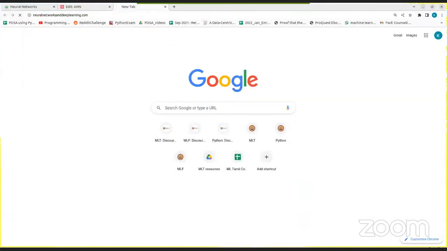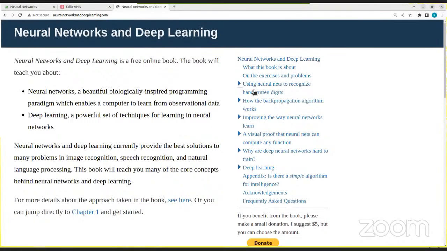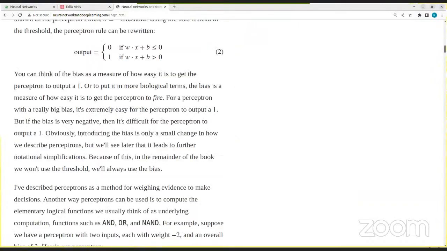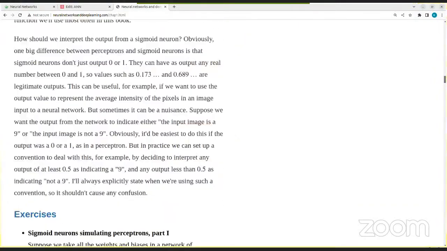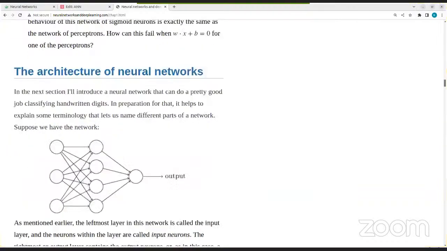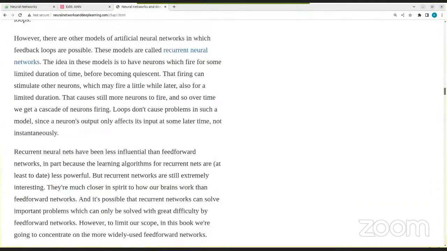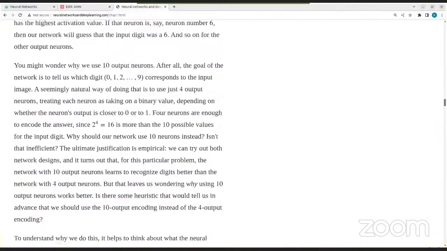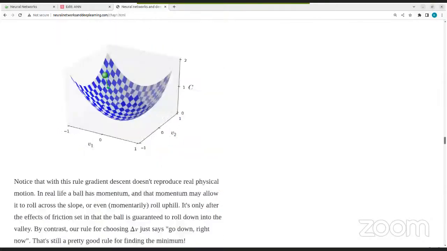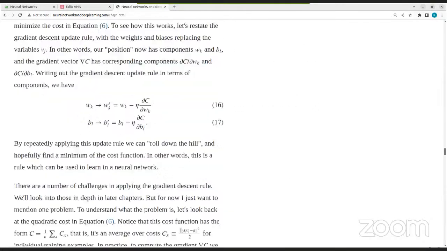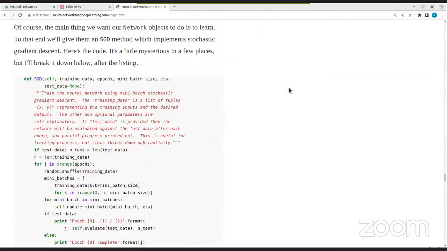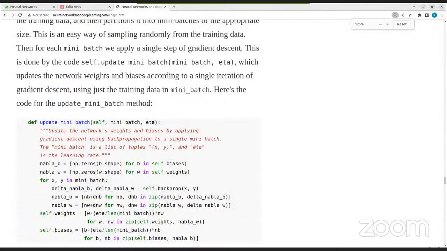For example, this very popular online textbook for neural networks uses sigmoid, I think. You can refer to this.